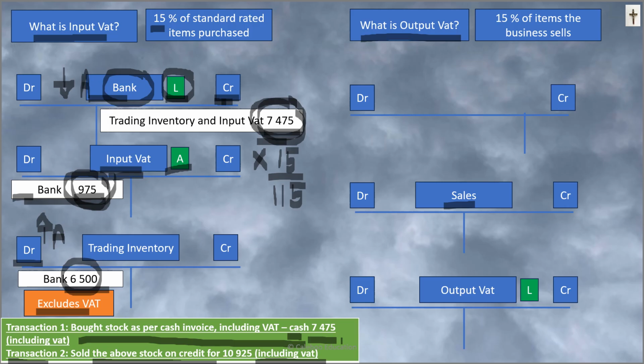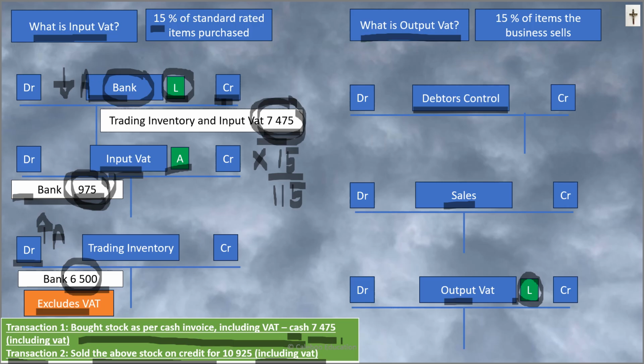Now we are going to collect output VAT, which is a liability, by the way, because the 15% that we collect on the sales is owed to the revenue services. It's a liability. And we sold this on credit. So we now will have debtors control, another account.